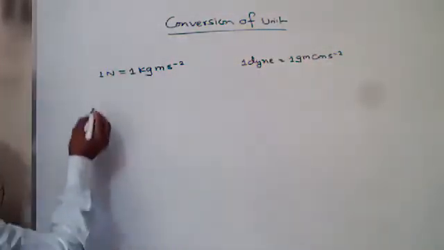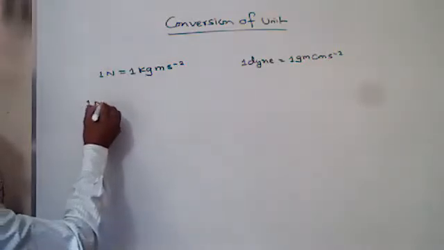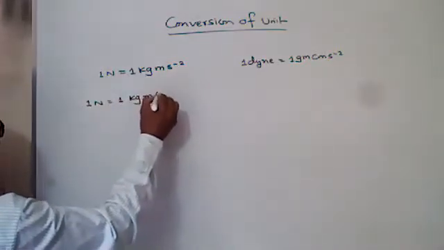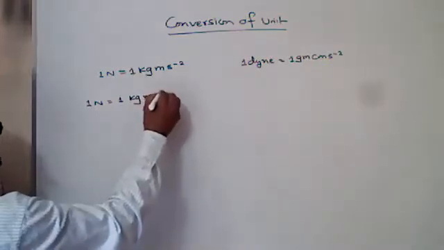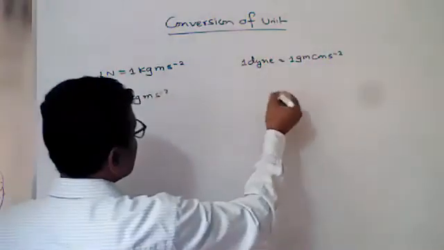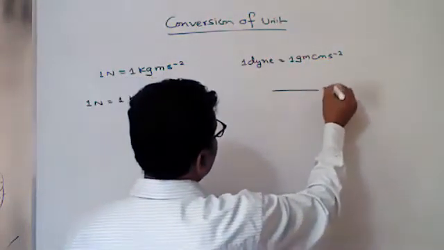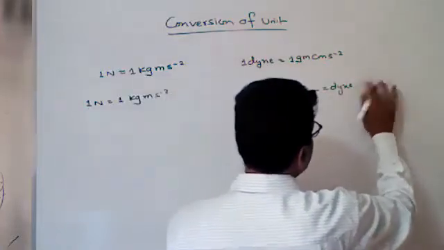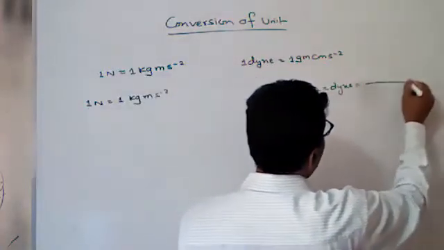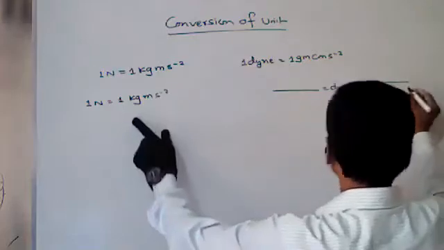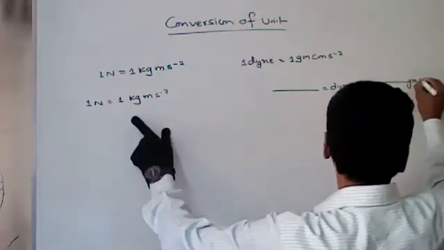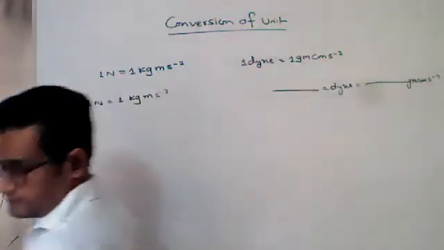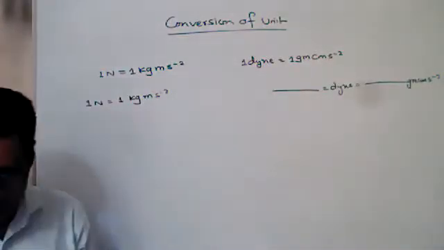Okay, 1 Newton equals 1 kilogram meter per second square, equals how many dyne, or how many gram centimeter per second square. At first you have to write in this way.